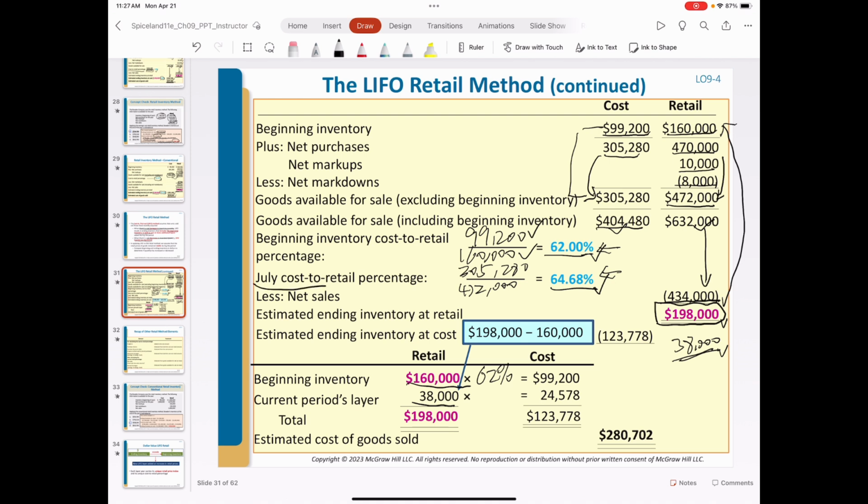So that's why we have another ratio, which is determined by the cost of purchase and retail value of purchase after including net markups and net markdowns. And finally, we have the cost of each layer. The sum of them is the cost of the ending balance of inventory. If we subtract this number from goods available for sale at cost, this is the cost of goods sold.